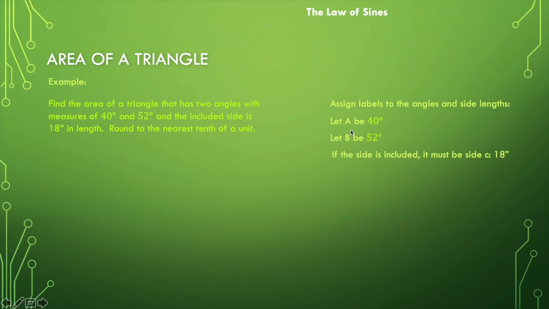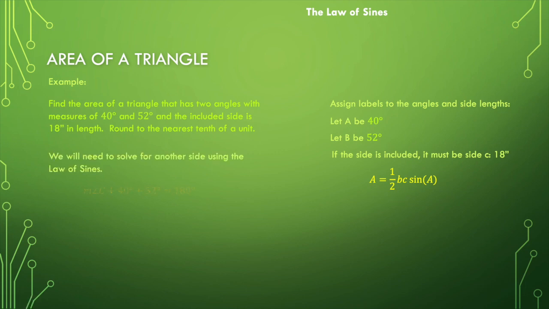Okay, so I've got 2 angles and a side length. Remember that in this formula, I have 2 side lengths and the included angle. Okay, so I can use either angle A or angle B, but either way, I'm going to need another side length. Okay, I'm going to need either side B or side A to use one of these formulas.